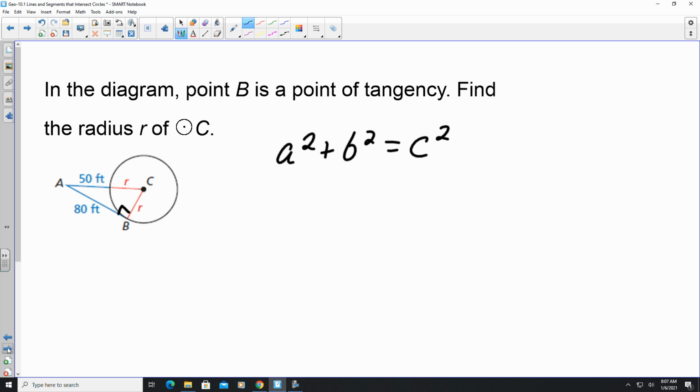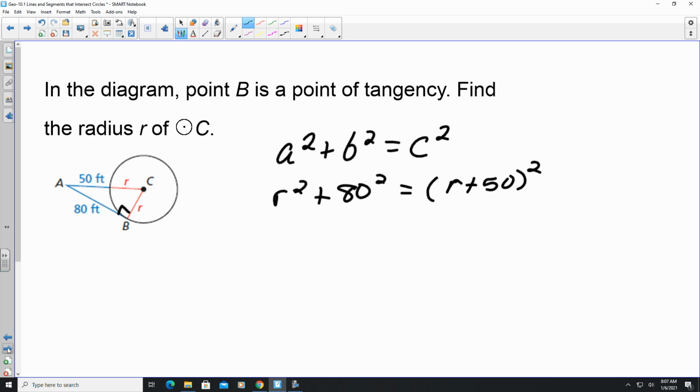In this particular instance, I'm going to say my smallest value is R, so this is going to be R squared plus the next smallest value, 80, so 80 squared, and it's going to be equal to our hypotenuse, which is the side opposite the 90-degree angle. That is R plus 50, quantity squared, because you add them together.